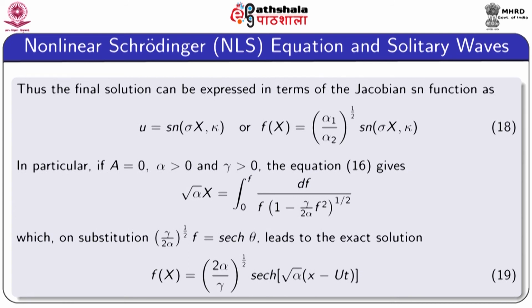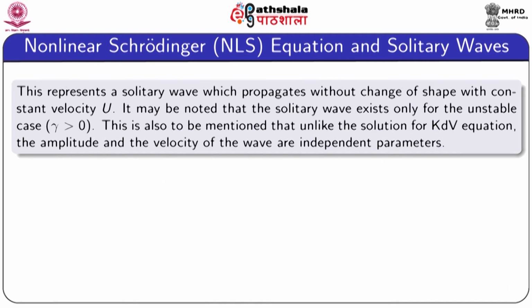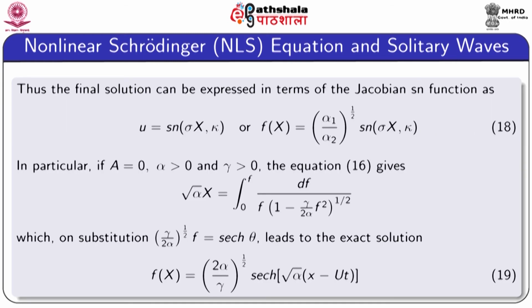So, if you observe the solution, it represents a wave that moves with constant velocity U, and it is to be noted that the solitary waves exist only for the unstable case, that means when gamma is greater than 0. And one interesting feature is that the amplitude and the velocity of the wave are independent.